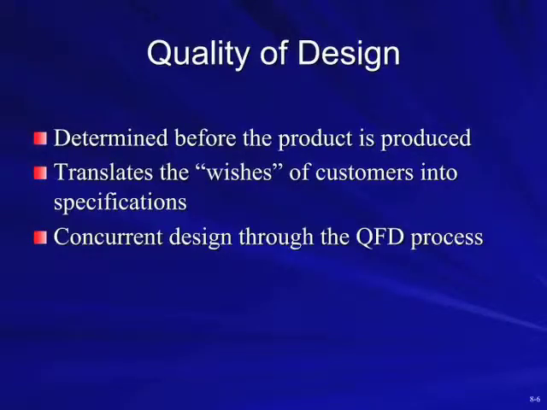Quality of design is determined before the product's produced. The old-fashioned way was to make it, inspect it, and that's what's called inspecting quality into the product. It's a very costly way, and it causes you to go back and make a lot of changes. The purpose of concurrent design is to address these types of issues.